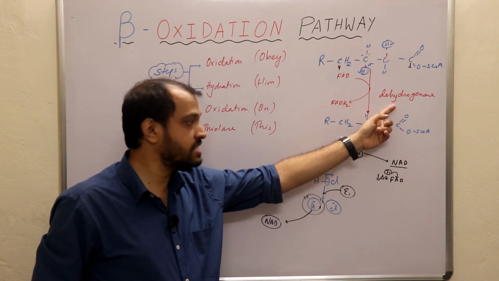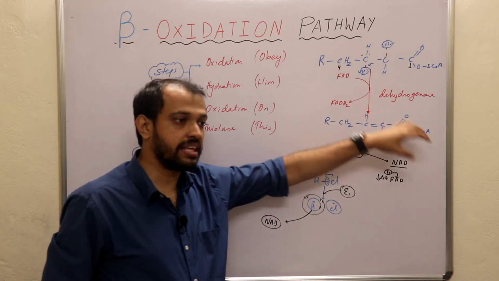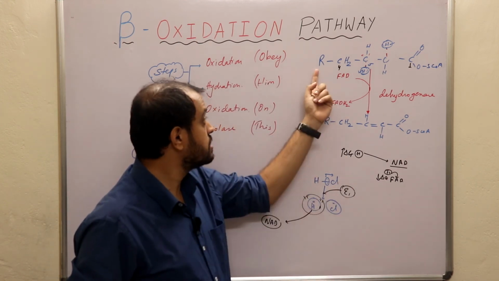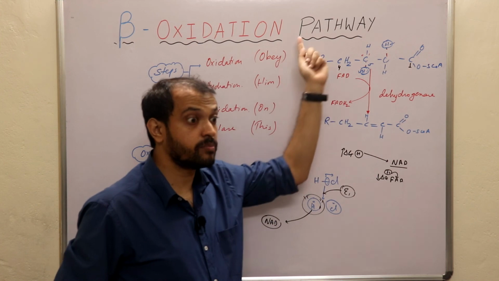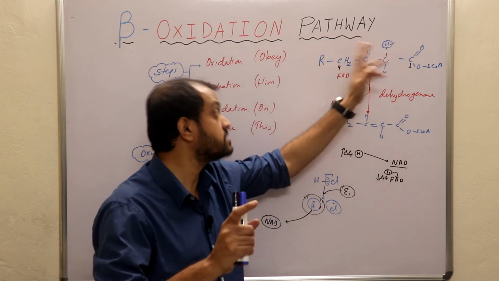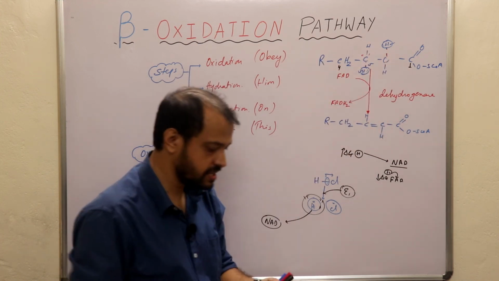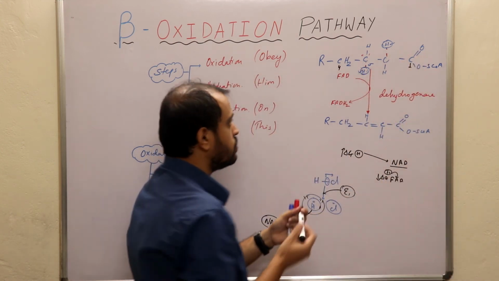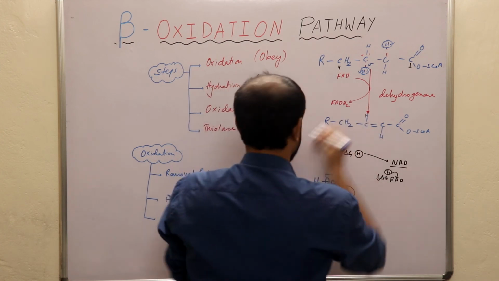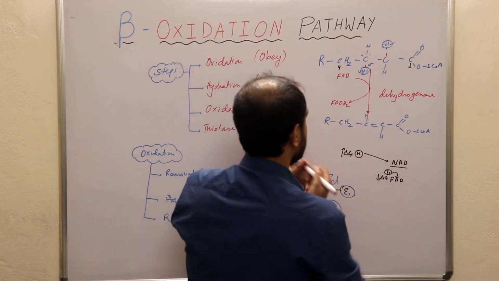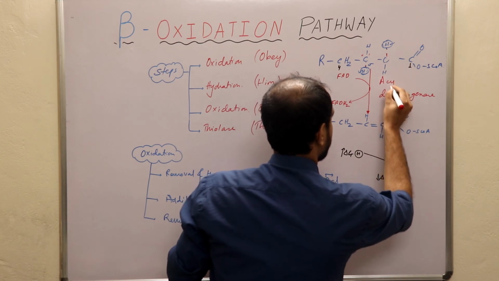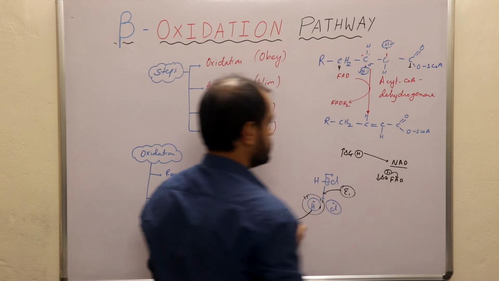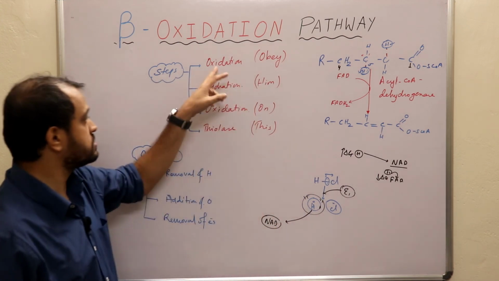What is the exact name of this dehydrogenase? If you want to name any enzyme, just understand the name of the substrate on which this dehydrogenase is acting, that is acyl or fatty acyl CoA dehydrogenase, which is simply known as acyl CoA dehydrogenase.